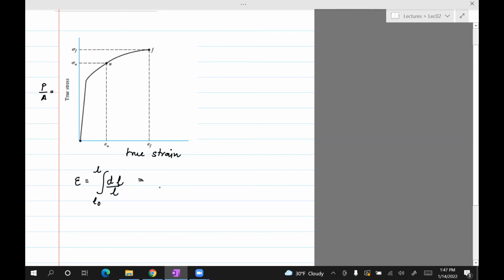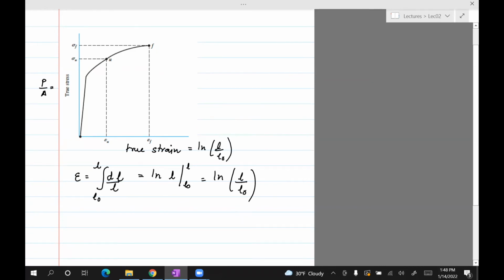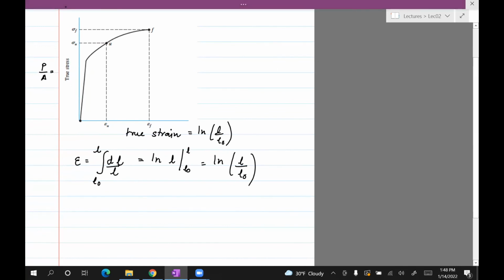And if you remember, the integral of dL divided by L is the natural log of L, and then you need to put in the upper and lower limits. So this comes out to be the natural log of L divided by L0. That's pretty much what is plotted here. This is known as the true strain.